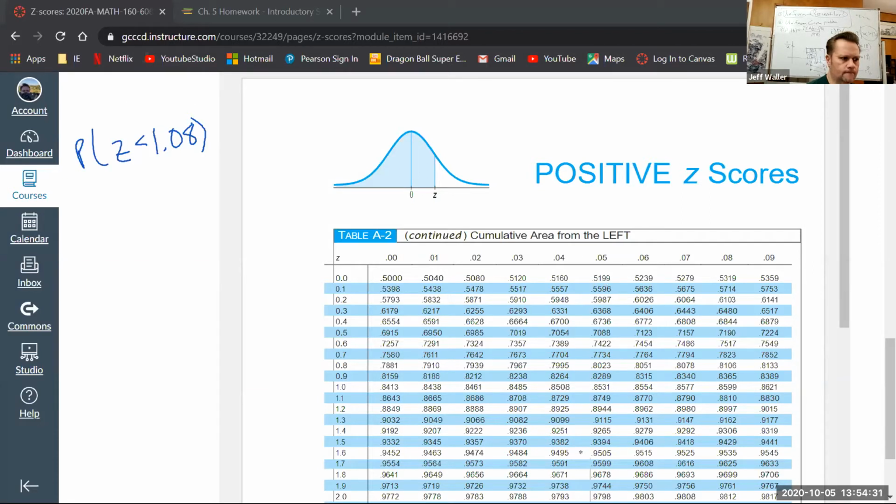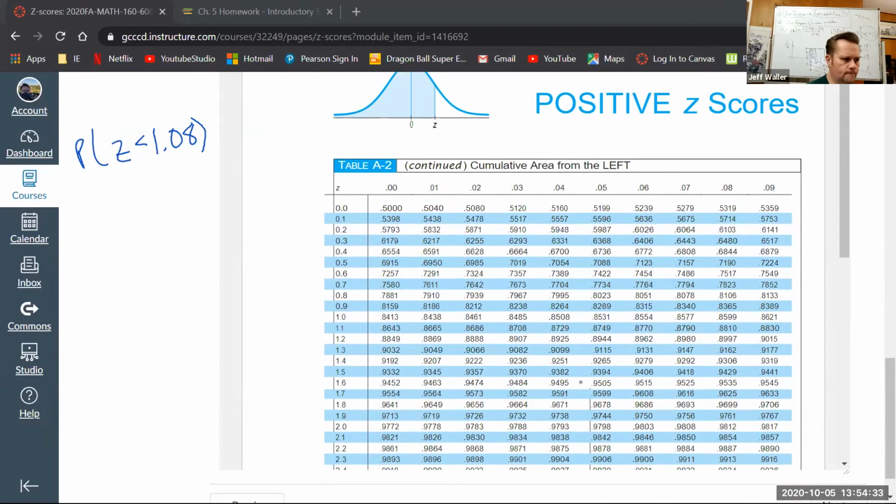Point 8599. All right, let me see. Hold on, sorry. So let's see, 1.0, and then 0, 1, 2, 3, 4, 5, 6, 7, 8. So 8599, I like it.